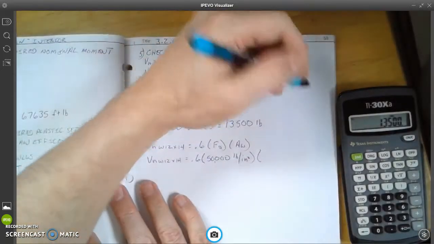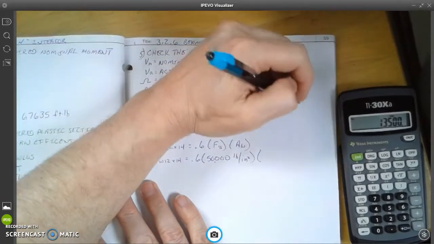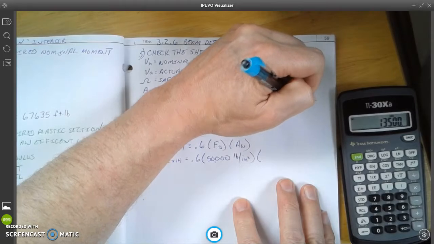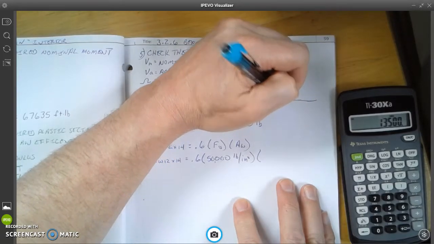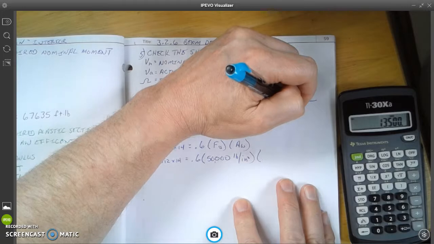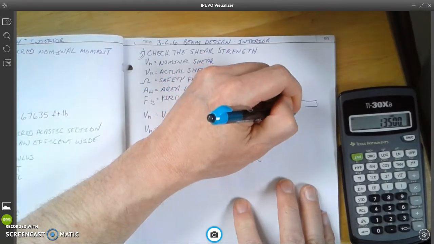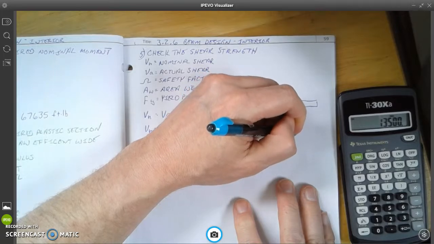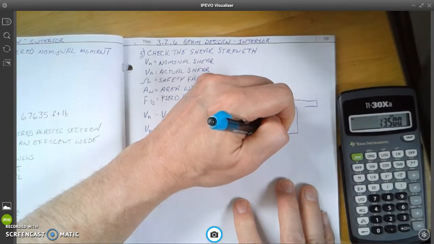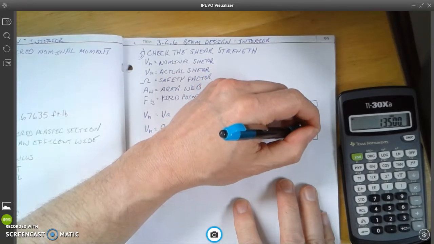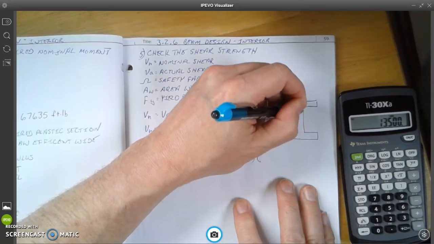Now what we do is, I'm going to just draw this up here so that we can get a good idea. I'm just going to sketch out an I-beam here so that we can see what it looks like. Not doing a terribly great job, but it'll suffice.